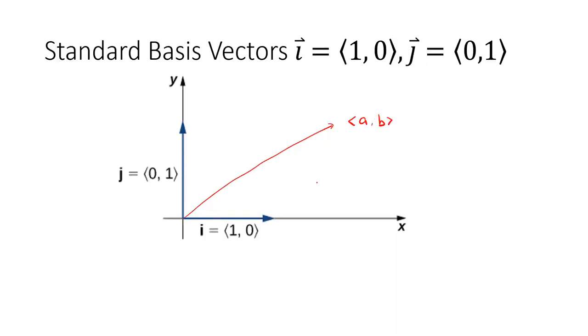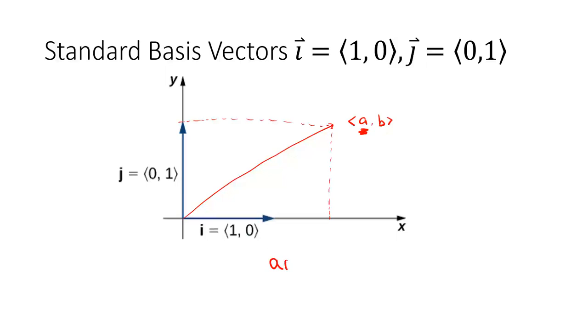AB here, this AB vector has to come from some x component plus some y component because of the parallelogram law, right? And this x component depends on a, and a would be a times 1, right?